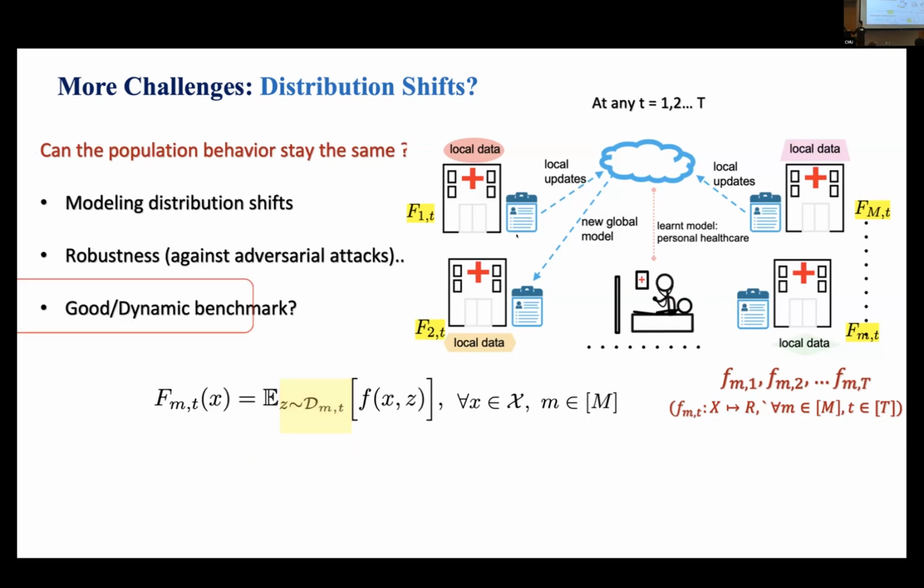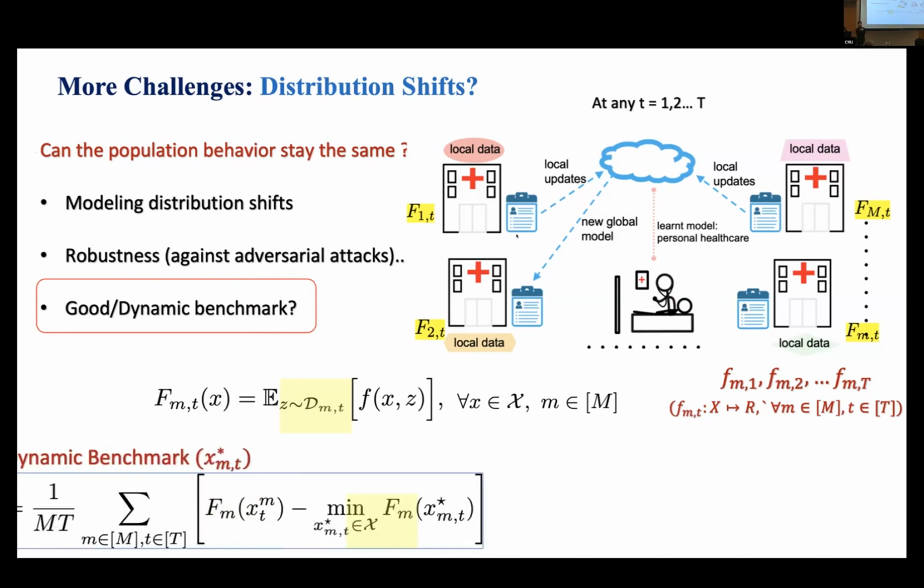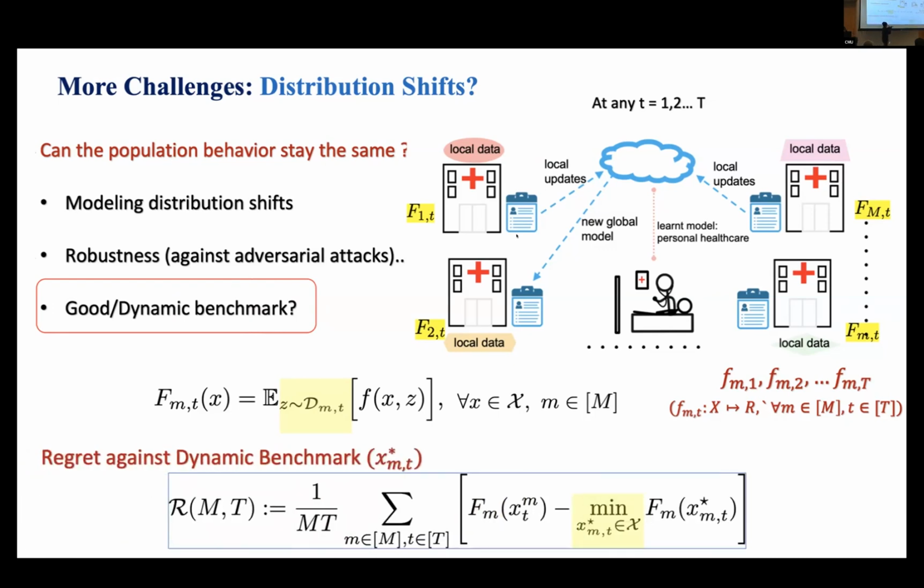But to be honest, a better benchmark would be a dynamic benchmark, where instead of a fixed benchmark in hindsight, I want to be competitive with the instantaneous best. So if D_{m,t} is the distribution from which this patient is drawn, I think I should have used f_{m,t} here. I'm sorry about the notation. All of this should be f_{m,t} here. But yes, I should be competitive with respect to the individual best at that time and for that machine.